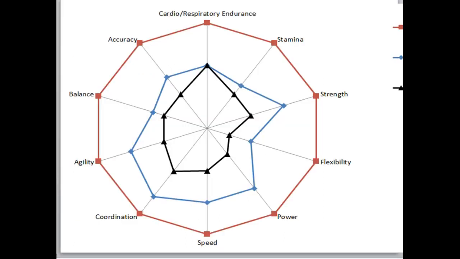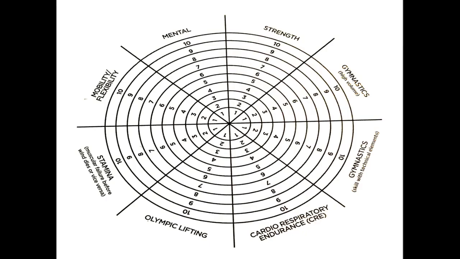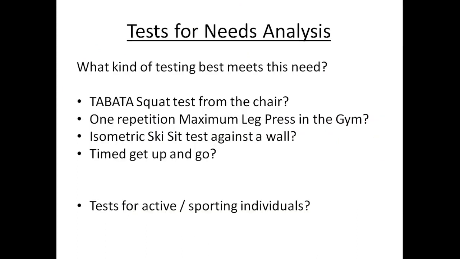So if we look at these sorts of things, you might see the fact that their flexibility is slightly down, as well as their power is slightly down, and we've just used a spider diagram to help with that. You can also use one of these, okay, where we're looking at mental capacity, strength, mobility, all that sort of stuff on a more advanced person.